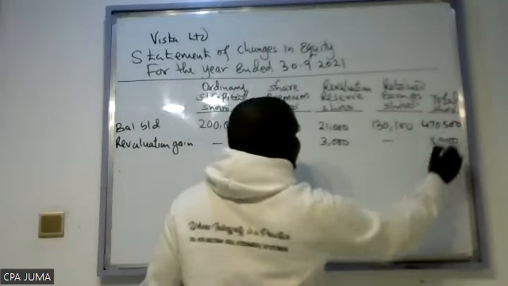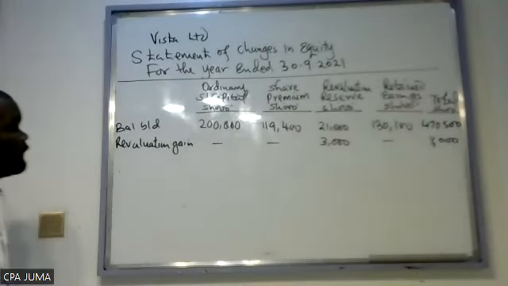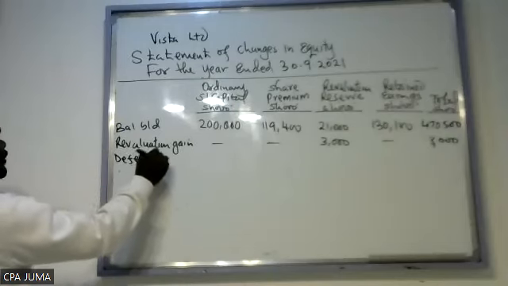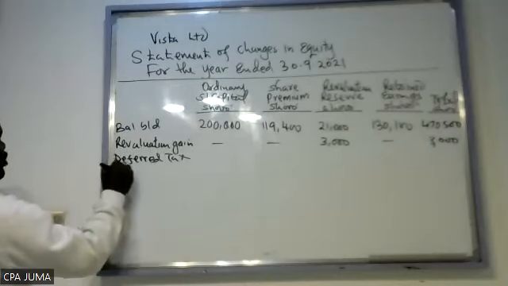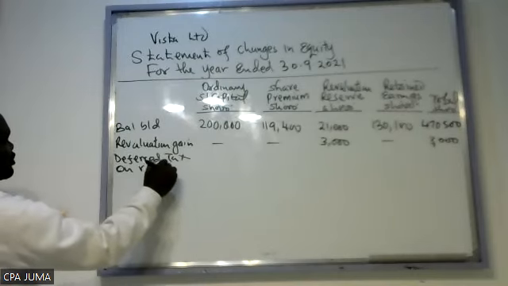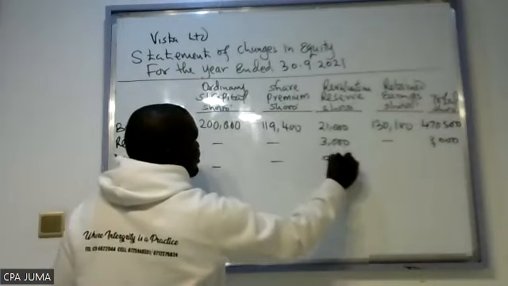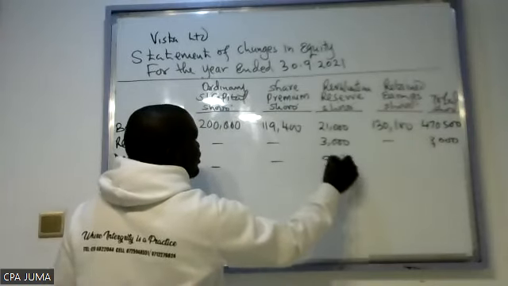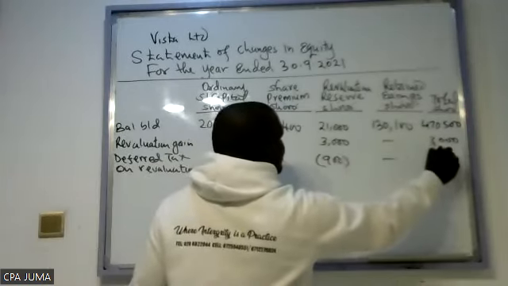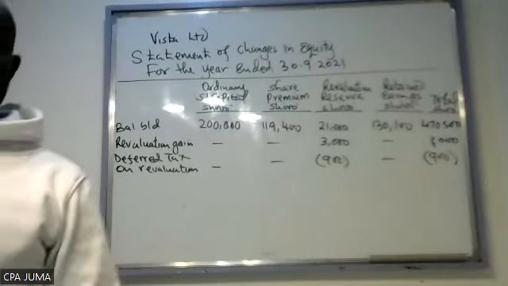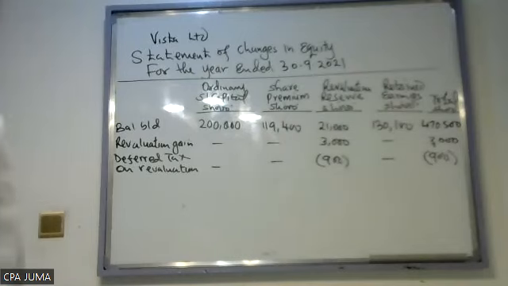Then there was deferred tax on revaluation, the 900. It should reduce the revaluation. So revaluation we are done.